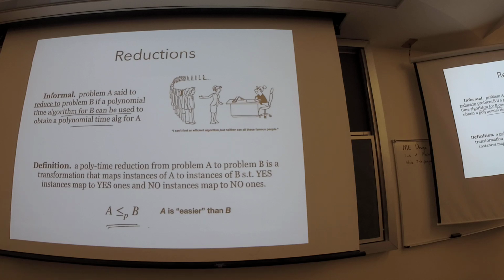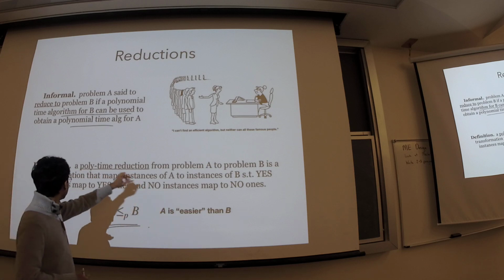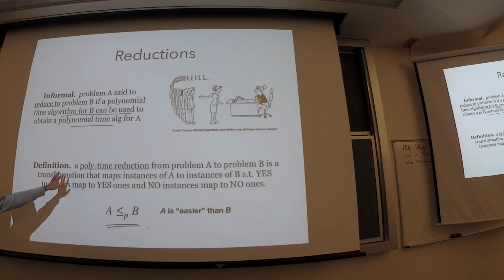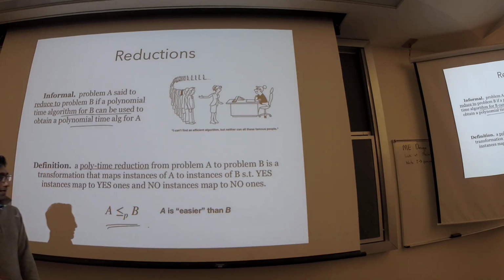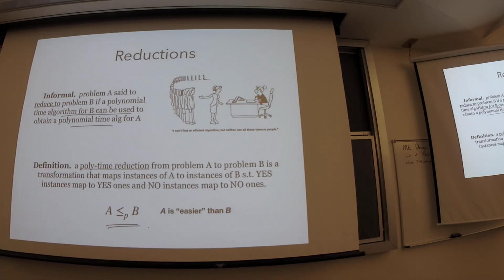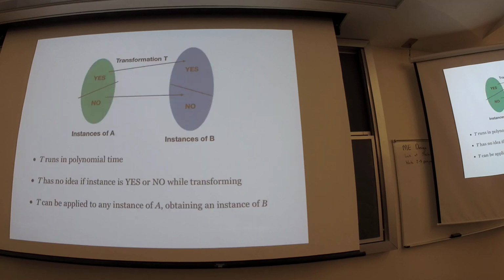So this is how we write it, and we said that the formal definition of a polytime reduction from problem A to problem B is some transformation that maps instances of A to instances of B. We said that yes instances map to yes ones and no instances map to no. We had this picture: this is A, this is problem B, and this transformation T runs in polytime.